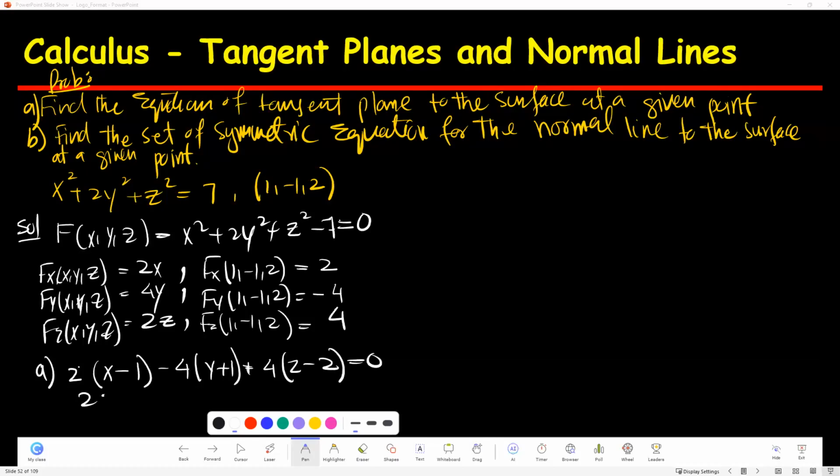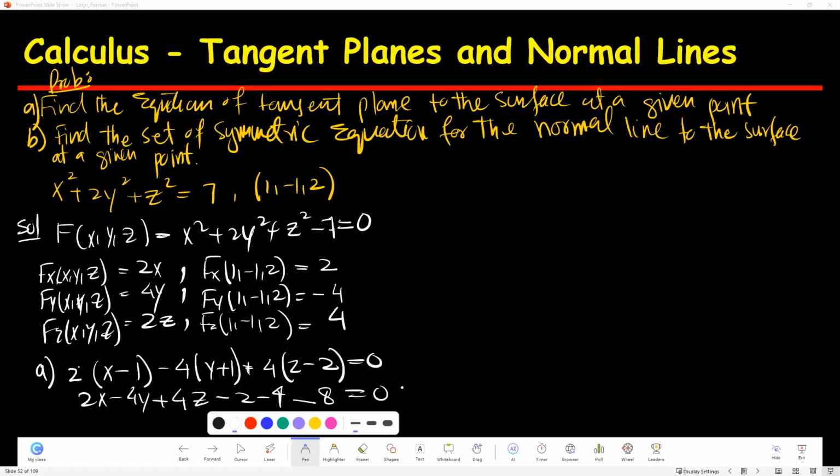We can further simplify: 2x minus 4y plus 4z. I did one drag step; I just multiplied all the variables first. Then the constants, 2, minus 4, and minus 8, go to 0.